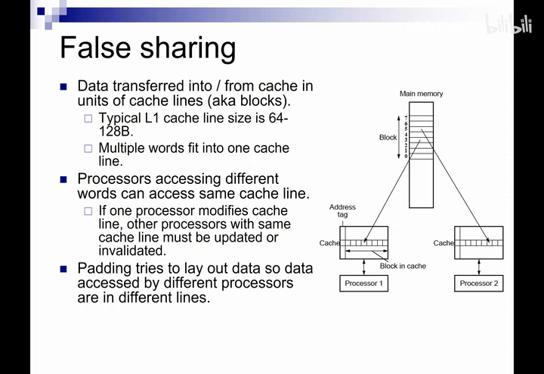And the thing we're going to do is try to pad the data. Basically this means that we're going to rearrange this data so that if two processors access different memory locations, then they do not lie in the same cache line. So for example, let's say that this is a different cache line down here.